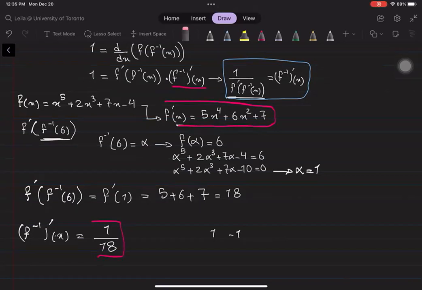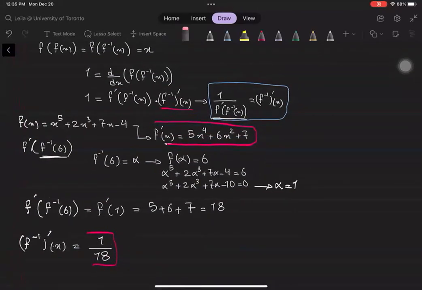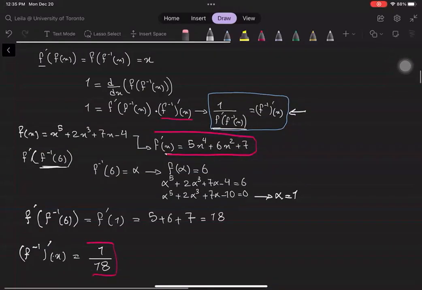I have a question. Yeah, go ahead. So why is the derivative of f of x equal to the inverse f? Do you mean this part? No, I mean for the very first one that you wrote, f prime of f of x equal.